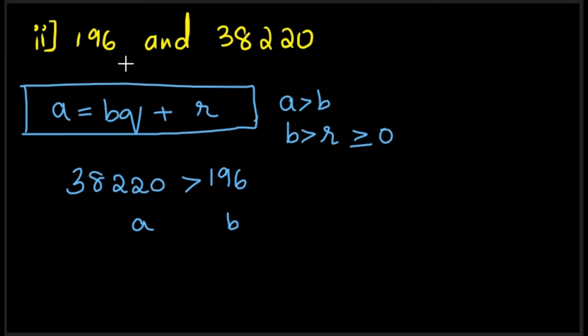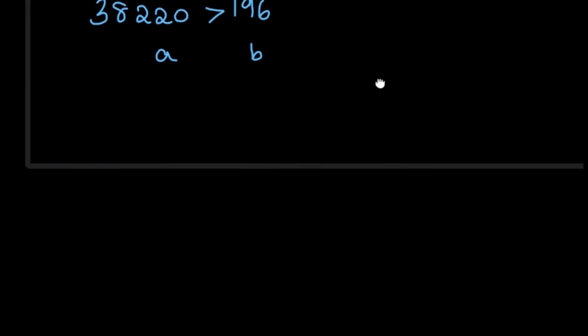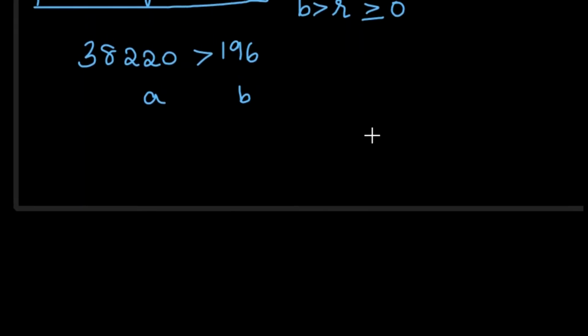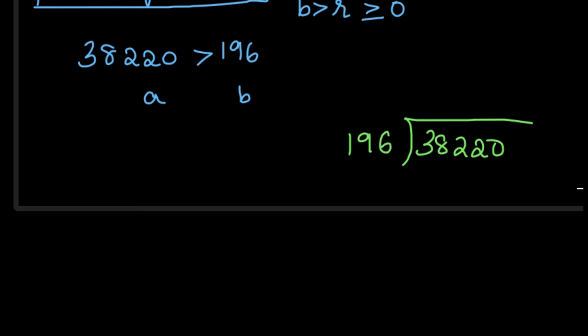Dividing it, we get 38,220 divided by 196. 196 ones are 196.